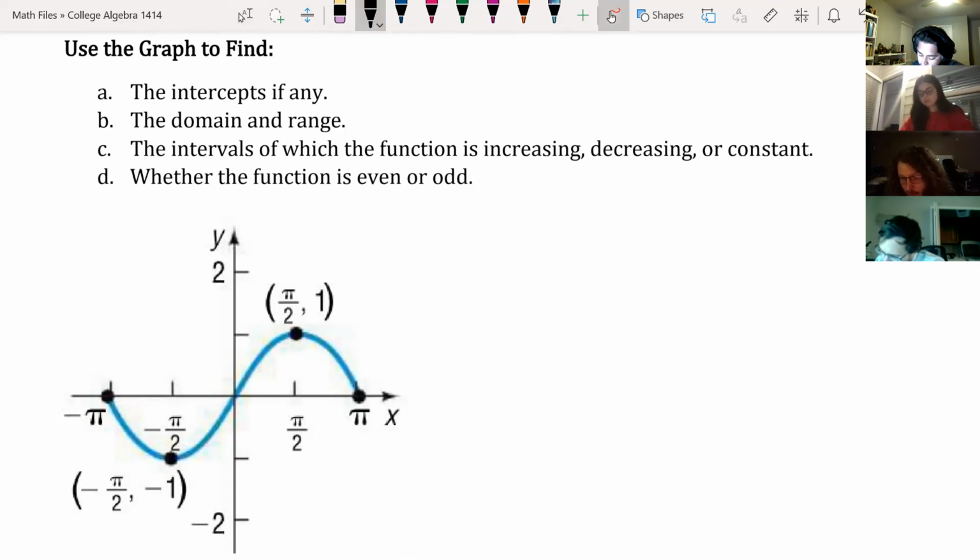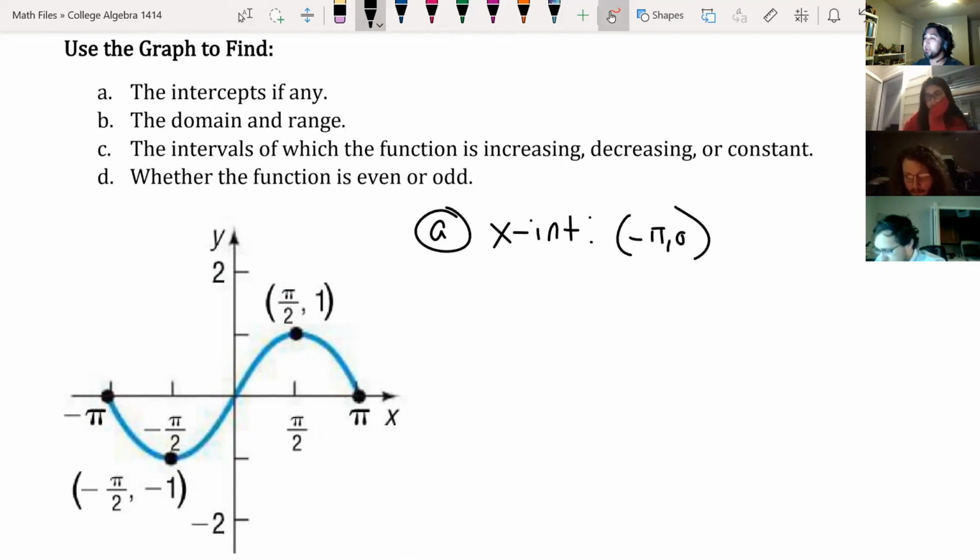For A, where are my x-intercepts located? Negative pi, 0. We're missing one. It's not clearly stated, but it's there. That would be 0, 0. Good. And then pi, 0.